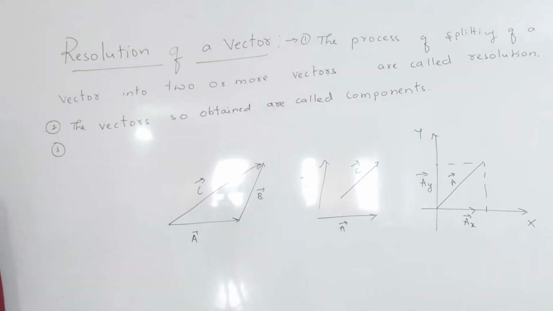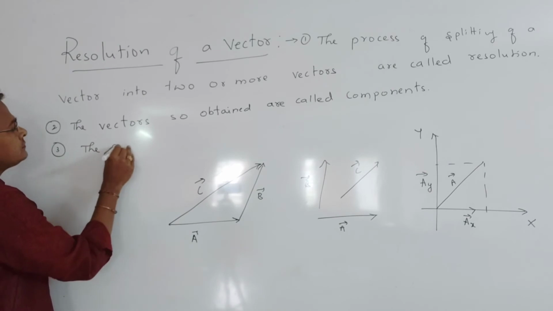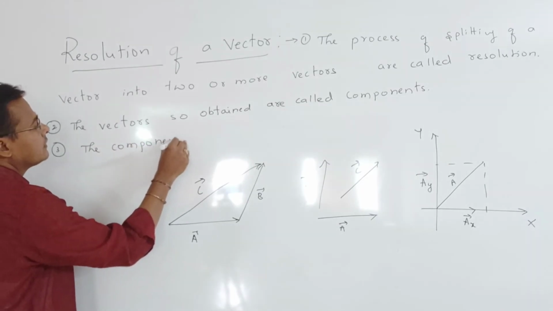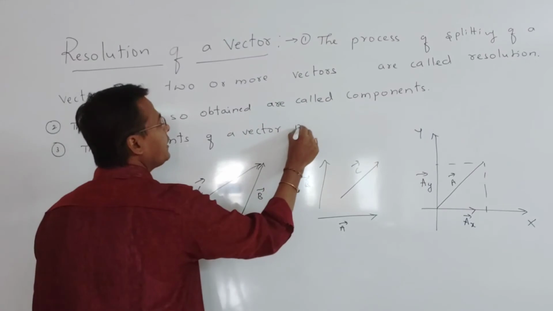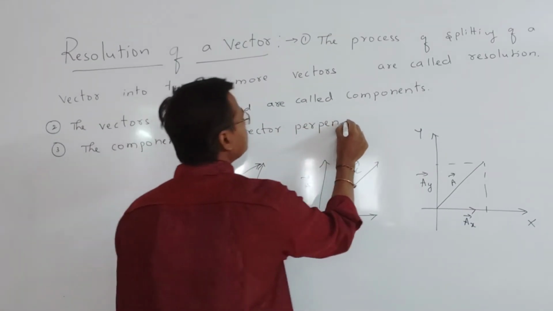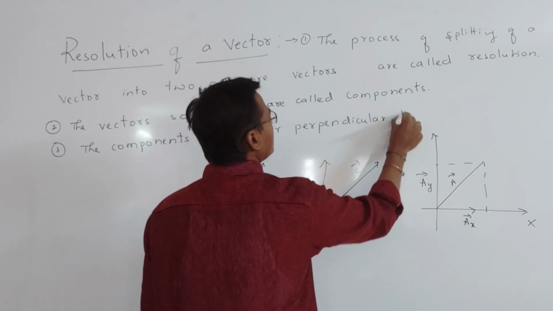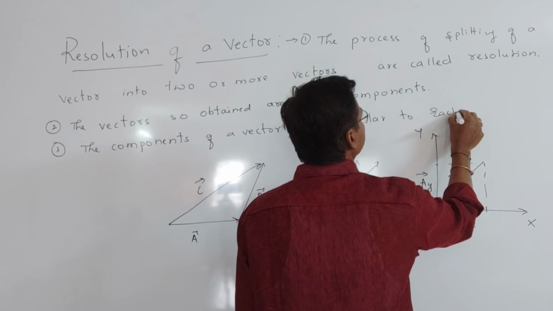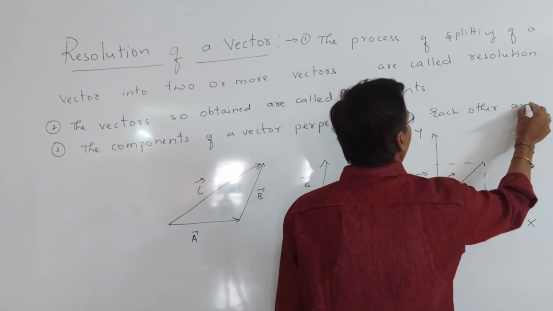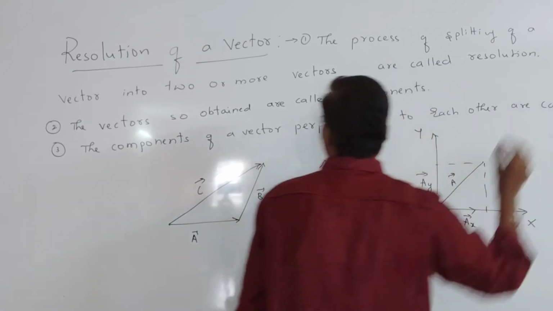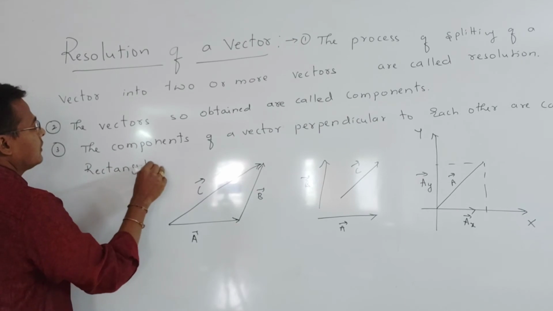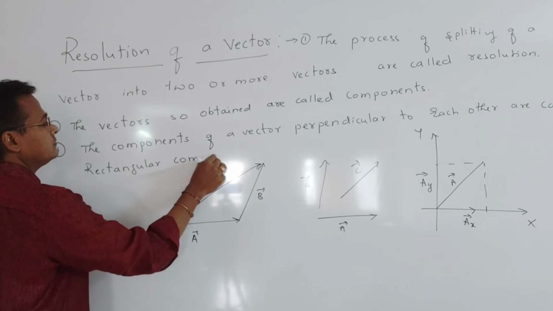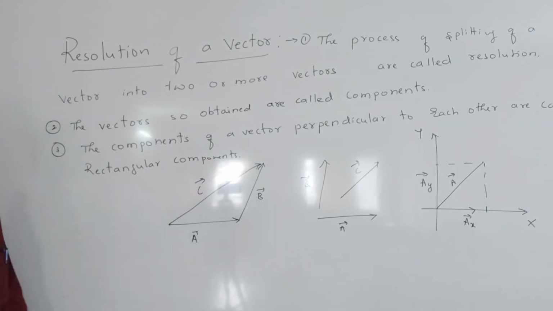The components of a vector perpendicular to each other are called rectangular components.